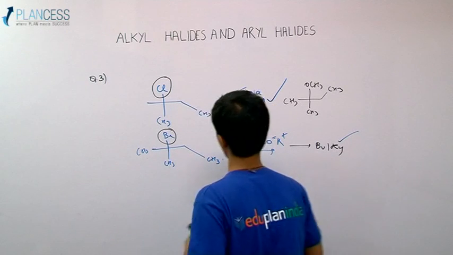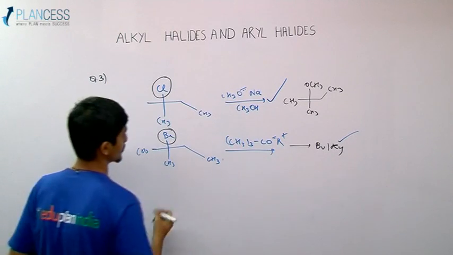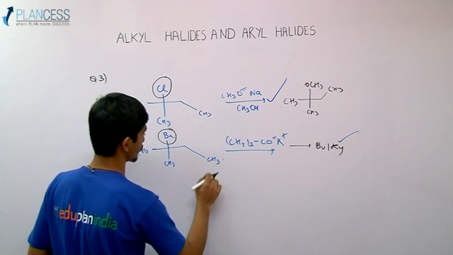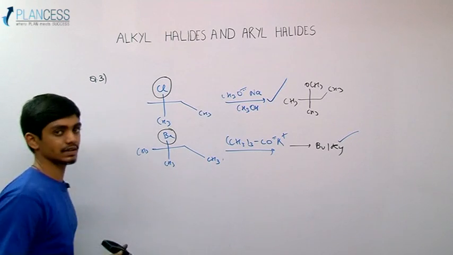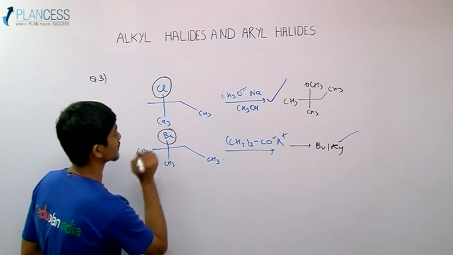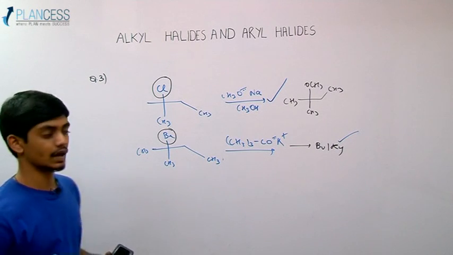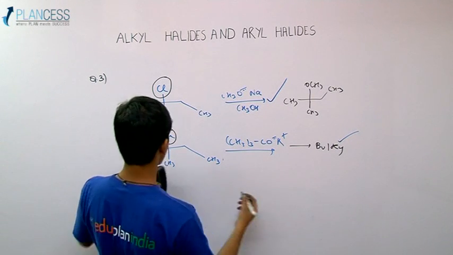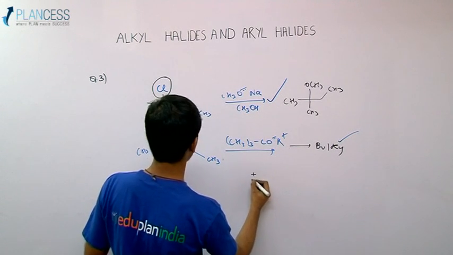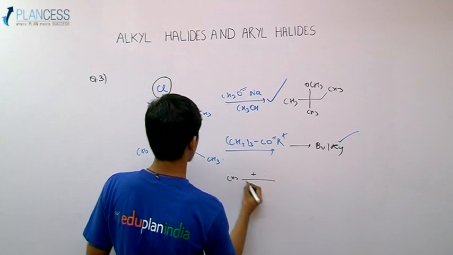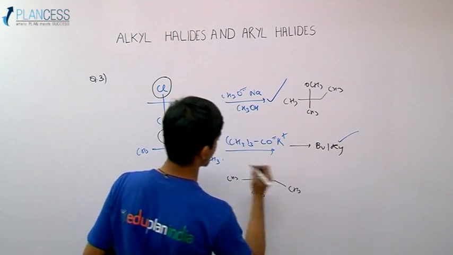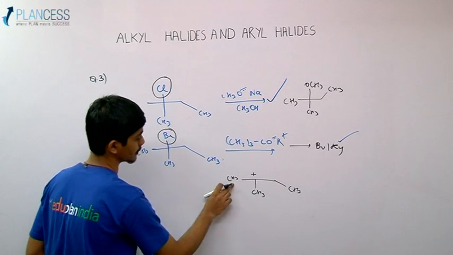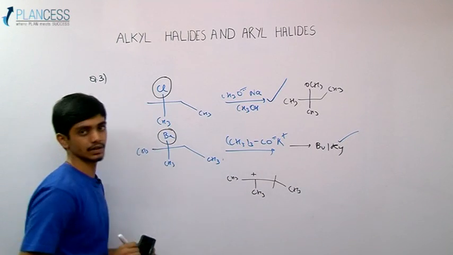Here if you want to write the elimination product, remember this is a bulky base, so we will be abstracting a hydrogen from these. Anyway, the middle carbon does not contain any hydrogen, but this carbon also contains hydrogens. So that means we get a carbocation, CH3, CH3, and we have CH3. Now we have hydrogens over here also, and we have hydrogens over here also.